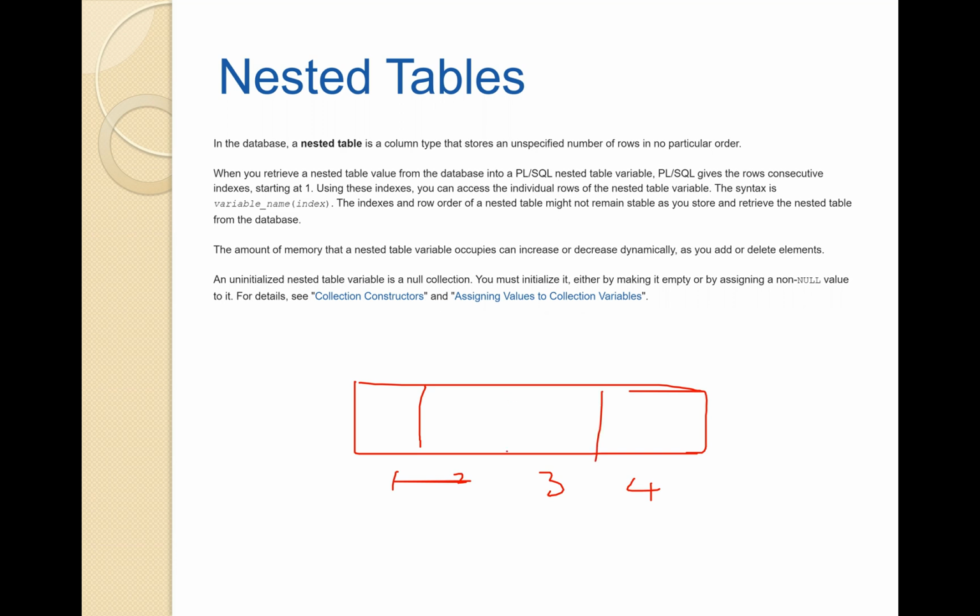Is this element alone I can delete. So this will not be a continuous value. Okay, so in nested table, you will not have continuous value, but in the V array, we will have continuous value. So why? Because you cannot delete it in between.